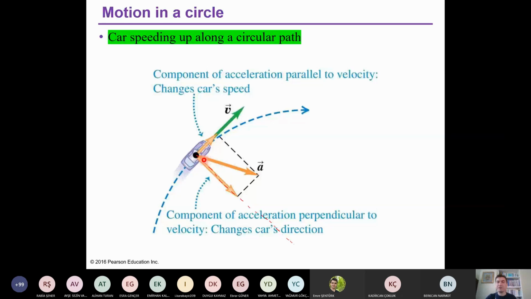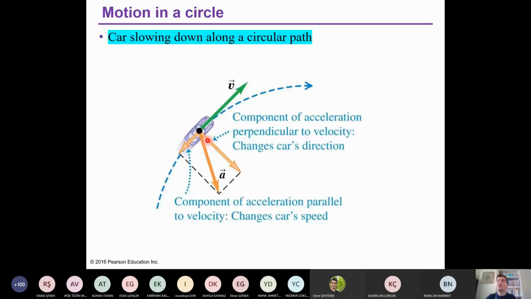So we have two components of acceleration. One is parallel to the velocity. The other one is perpendicular to the velocity. This is A radial, okay, which changes the car's direction. This is A tangential. Here again, if the car is slowing down, this is non-uniform circular motion. Then I have this type of acceleration, and it has two components again. This is A radial, this is A tangential.